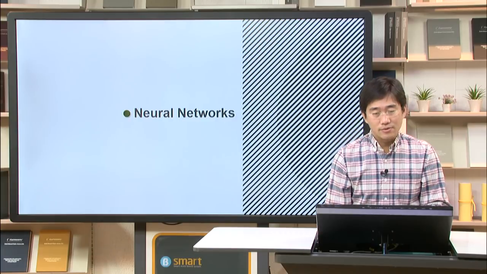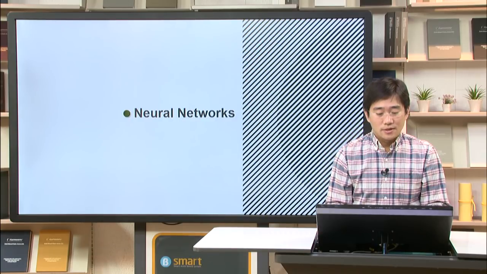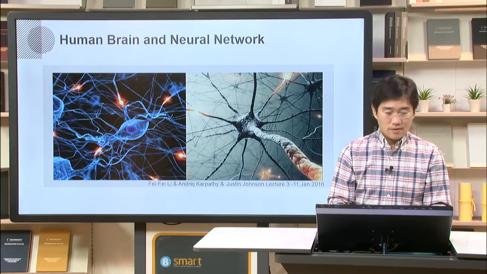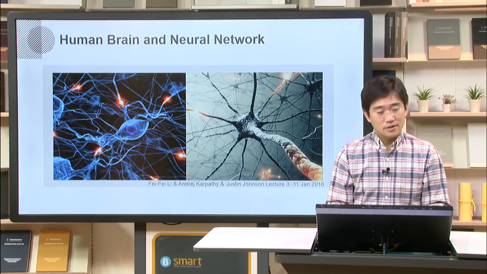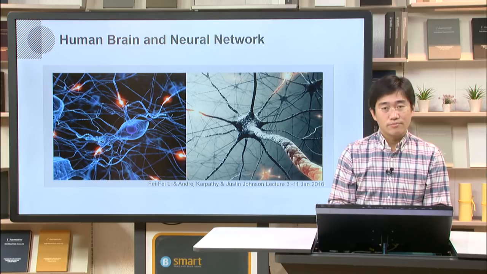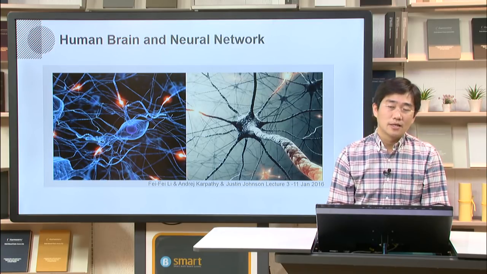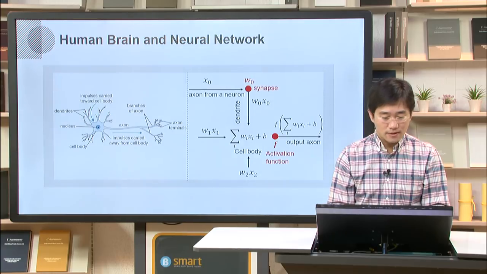Let me go into neural network architectures a little more deeply. Again, this deep learning architecture is inspired by our brain structure, which has a lot of neurons connected to each other.